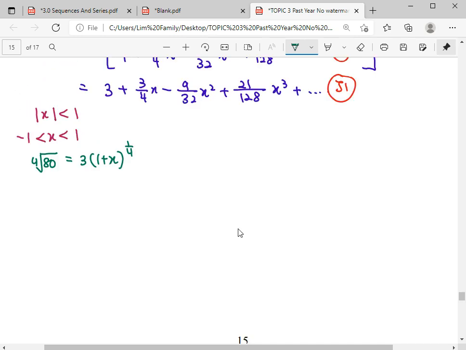So from here we can see, okay, how do we put back our 3? This 3 is not in the power, so to put back our 3 we have to power 4. When we power 4 and put it in the bracket, it will become 81 plus 81x.